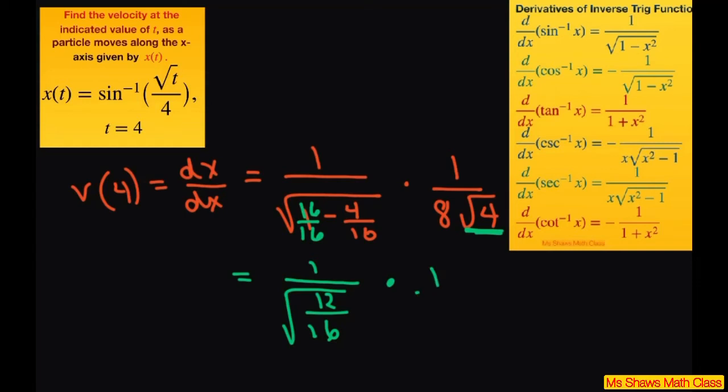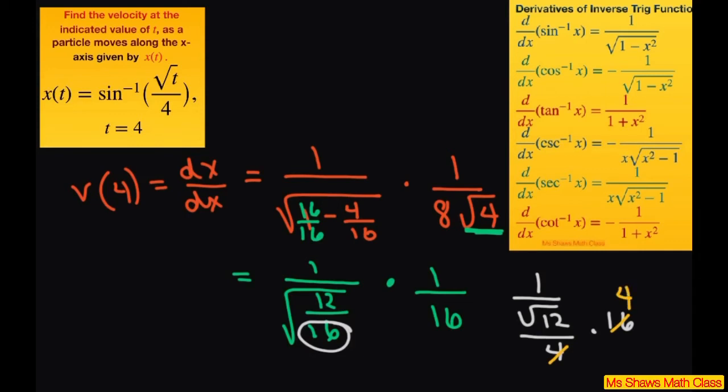So you have 1 divided by 16. Now simplifying this, square root of 16 is 4. So basically what you have is 1 divided by square root of 12 divided by 4 times 16. Well, 4 goes into 16 4 times. So now what we have is our v of 4 equals 1 divided by 4 square root of 12.